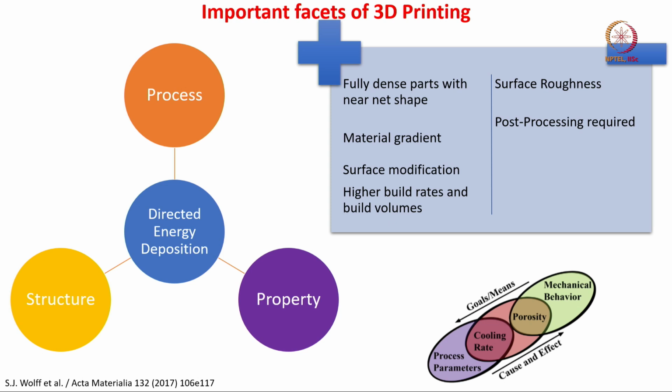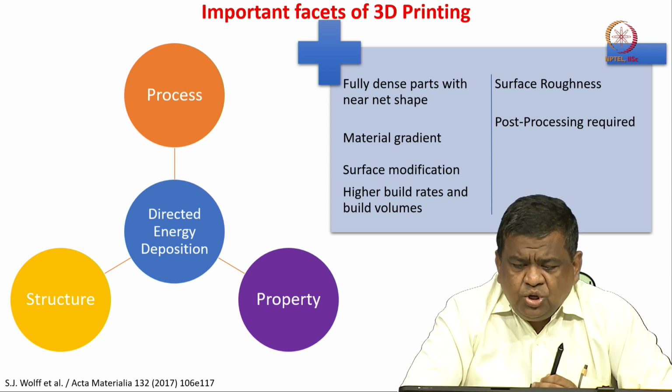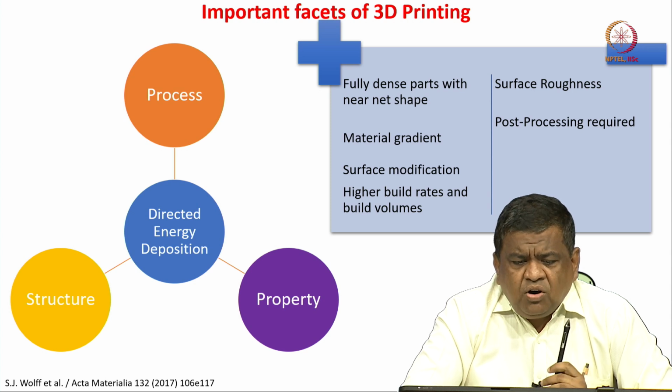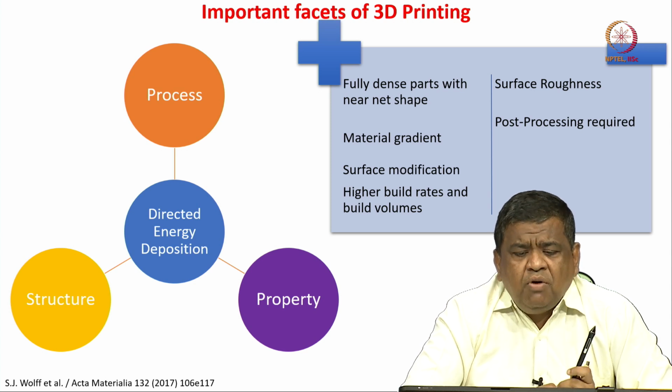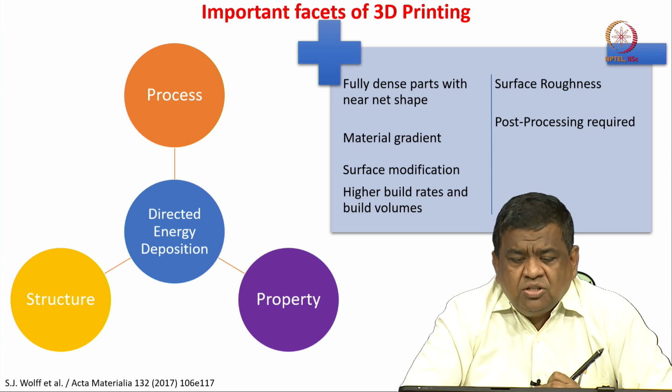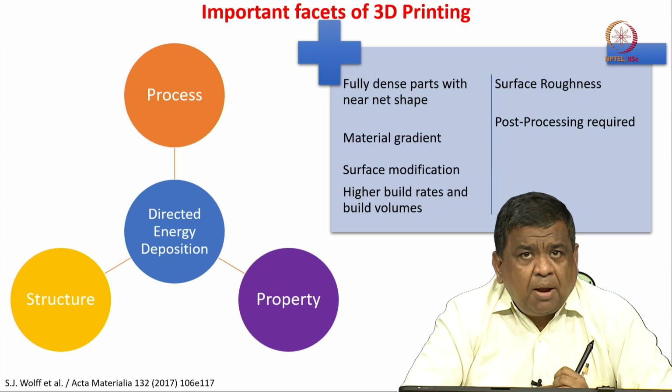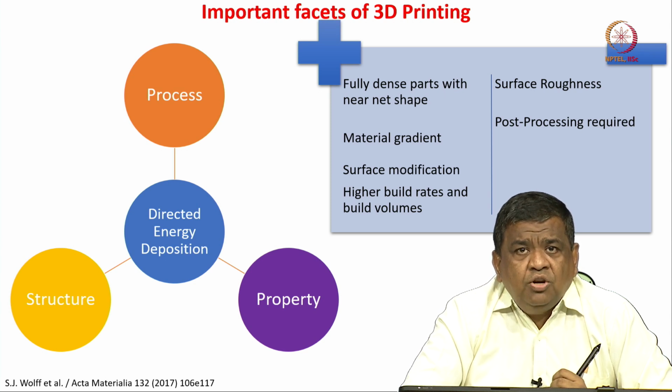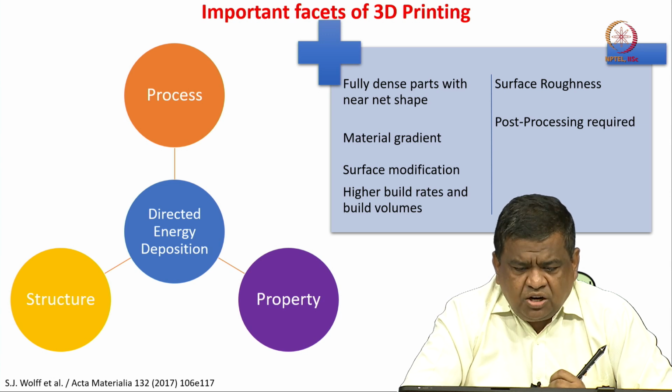So, in the directed energy deposition process, process property structure correlation is an important concept in material science, and that has been introduced to you in an earlier lecture. So, what are the major important facets in 3D printing? We want to get fully dense parts, particularly for structural applications or non-biomedical applications, fully dense parts with near net shape, so that we do not need much machining and much other post surface treatment.